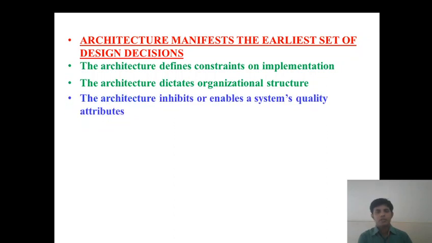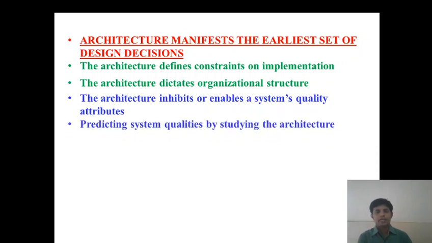The architecture inhibits or enables system quality attributes. Before implementing your project, you can identify quality attributes in your software architecture. So, predicting system qualities by studying the architecture, we can identify the good and poor attributes by studying the software architecture.